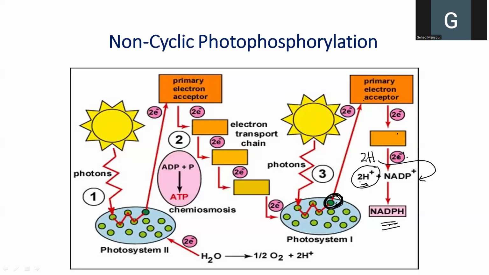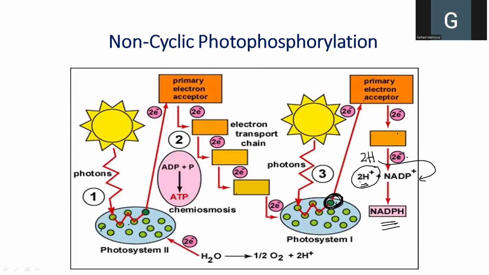So as we have said on the previous slide, ATP is formed through the electron transport chain of photosystem 2, whereas reduced NADP is formed at the end of the electron transport chain of photosystem 1. One important difference between photosystem 2 and photosystem 1 is the substitution of the lost electrons.